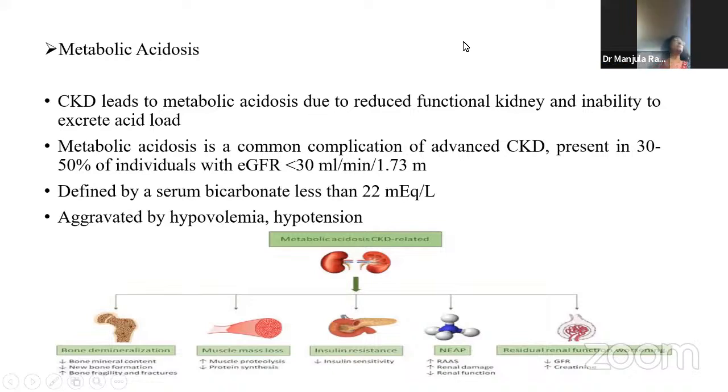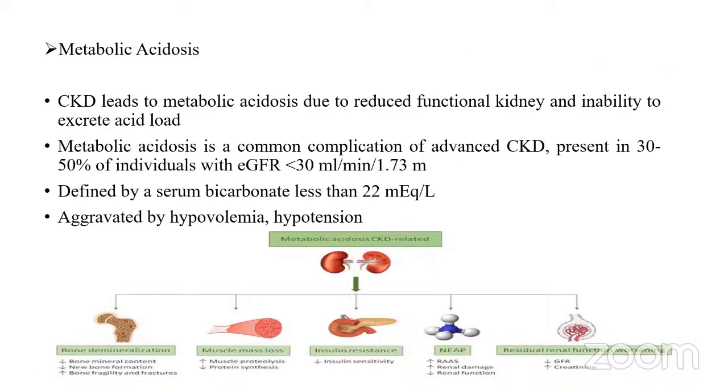Metabolic acidosis. CKD leads to metabolic acidosis due to reduced functional kidney mass and inability to excrete acid load. Metabolic acidosis is a common complication of advanced CKD, present in 30 to 50% of individuals with GFR less than 30 ml per minute per 1.73 meter square.